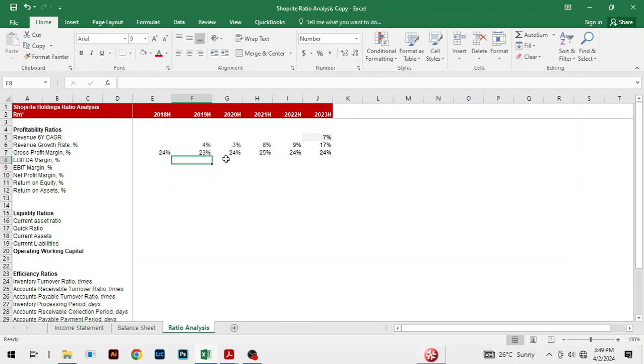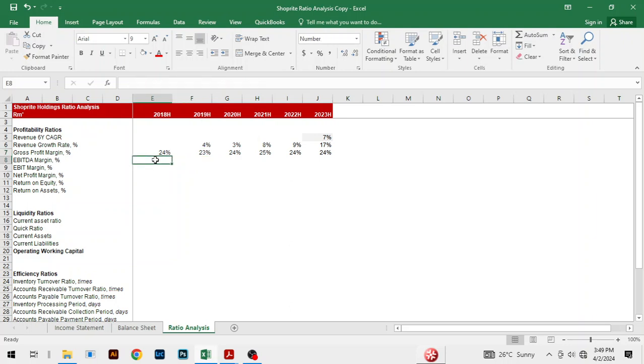So here we are saying that management has been able to keep the gross profit margin constant there. Let's say they've been able to manage or contain cost of sales, except for here where we are seeing in 2019 I think cost of sales were high, right? And so we have got a gross profit margin of 23%.